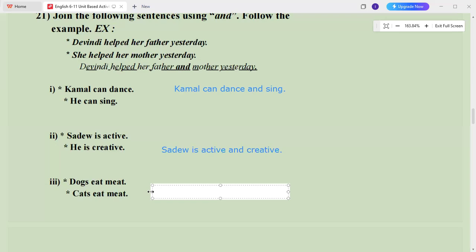So that is also possible, right? So that is a common way of expression, right? Dogs and cats eat meat, right? So this is a common way of expressing two sentences, Puthe, right? So you can take a screenshot and you can try these activities in your writing book, right?